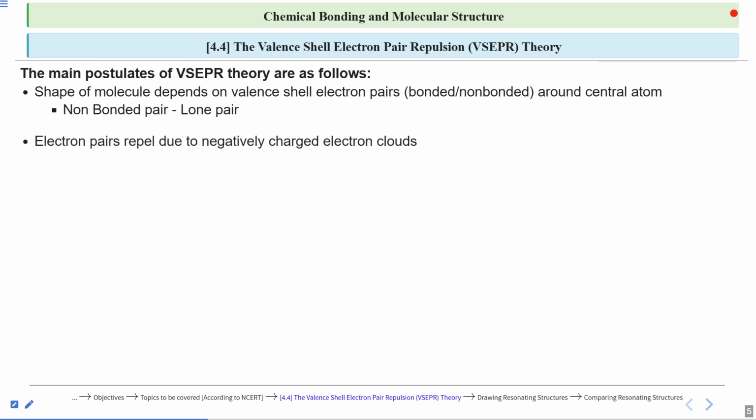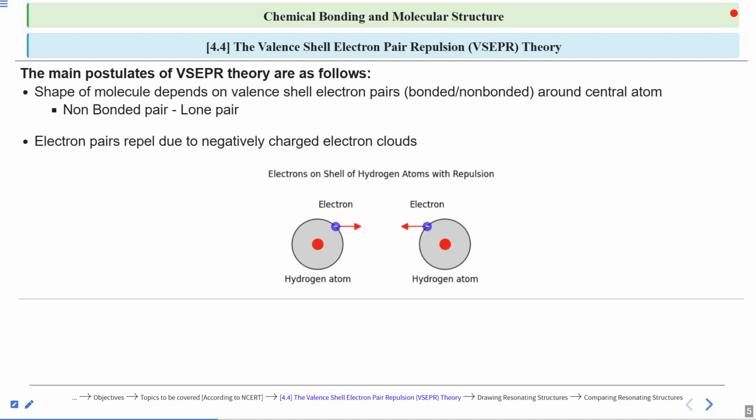Now we know that if electron pairs are present around the central atom, then of course they will repel each other. What is the meaning of repulsion? To understand this, let us take a hydrogen molecule. We have two hydrogen atoms. If they are about to make a bond, they will come closer to each other.